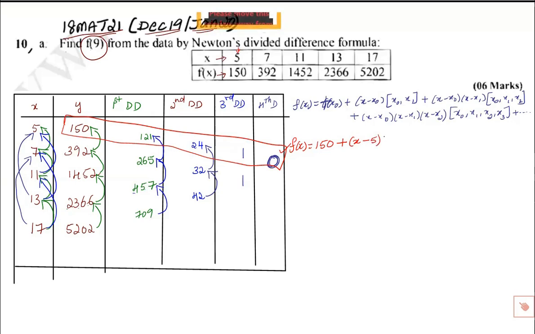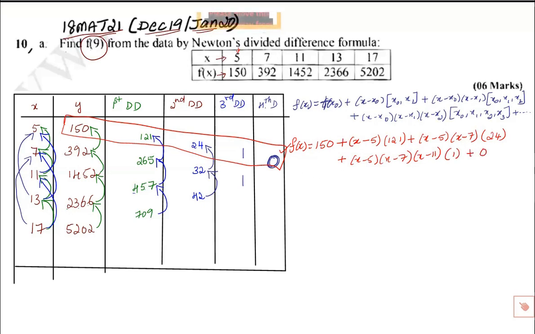Into first divided difference, that is 121, plus x minus x naught, that is 5, into x minus x1, that is 7, into second divided difference, that is 24, plus x minus 5 into x minus 7 into x minus 11 times third divided difference is 1 plus 0.